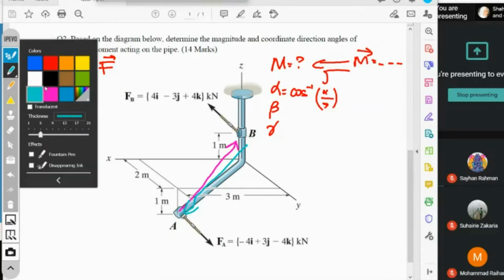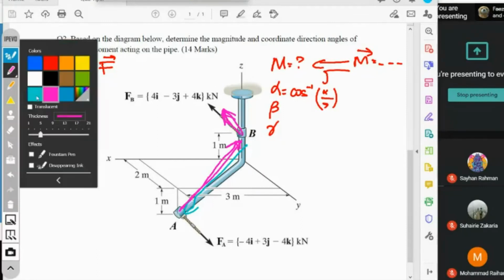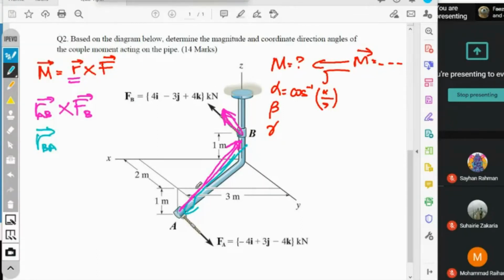And hopefully by now you already understand the concept. If you use RAB, the force should be this one, right? So R is in this direction and then crosses with FB. While if you are doing the opposite way, RBA, F will be this one, so it will cross FA.